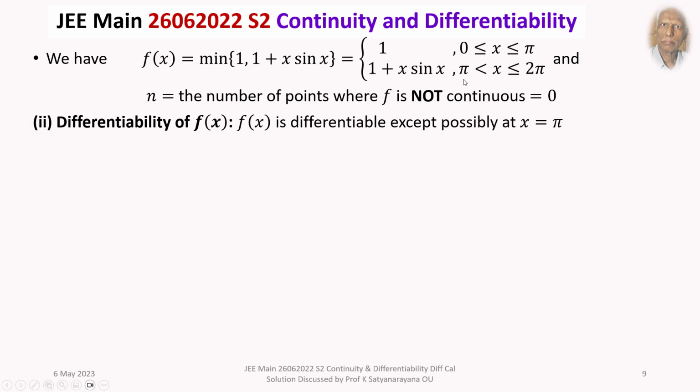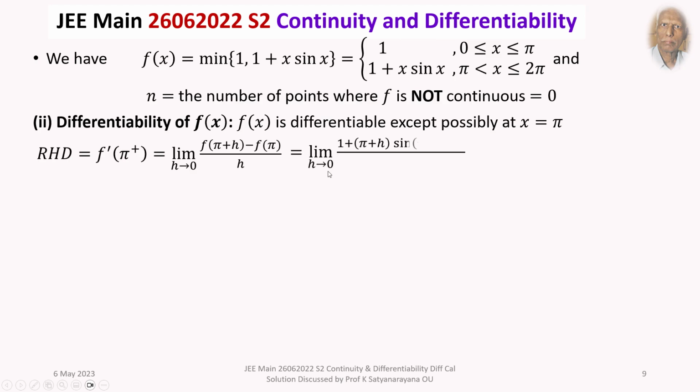Agreed? So we take the right hand derivative, that is f prime, first derivative, of pi plus. Right hand derivative means pi plus, this side. So this means the limit as h tends to 0 of f of pi plus h minus f of pi, by h. h is tending to 0 from the right. f of pi plus h is 1 plus, wherever there is x, you substitute pi plus h.